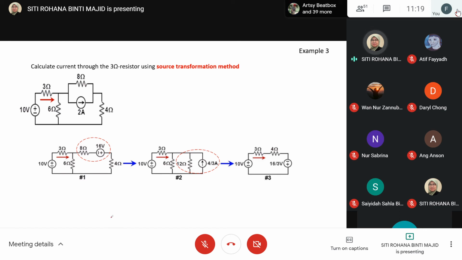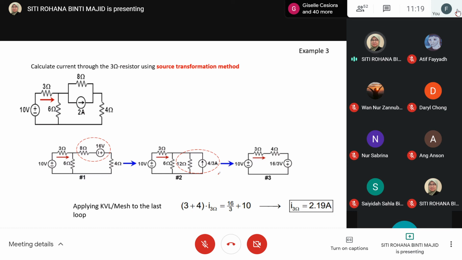You have to do it part by part to avoid confusion. In step one, we convert the source and then you get the current. The voltage source would be in series, but the current source would be in parallel, because it complies with Ohm's law.